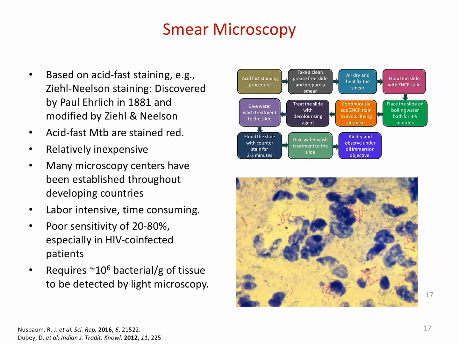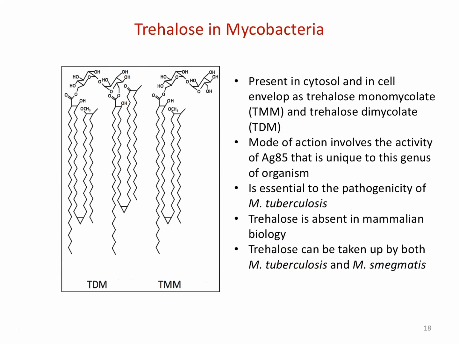So new techniques that can facilitate the detection and early diagnosis of TB are still needed. One of the techniques takes advantage of trehalose. I'll give you a couple of examples later. So trehalose, again, for this community, I don't have to say too much.